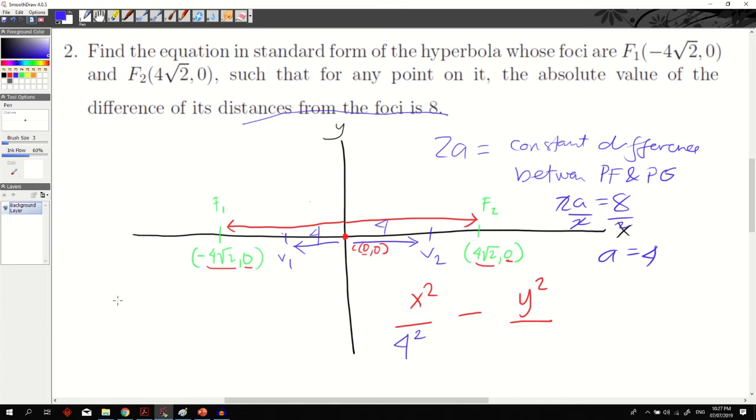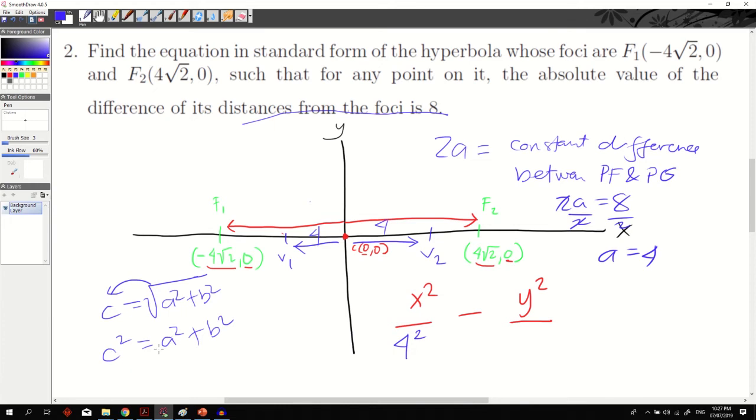So we just need the focus formula, which is c equals square root of a squared plus b squared. So we transfer the square, c squared is equal to a squared plus b squared.